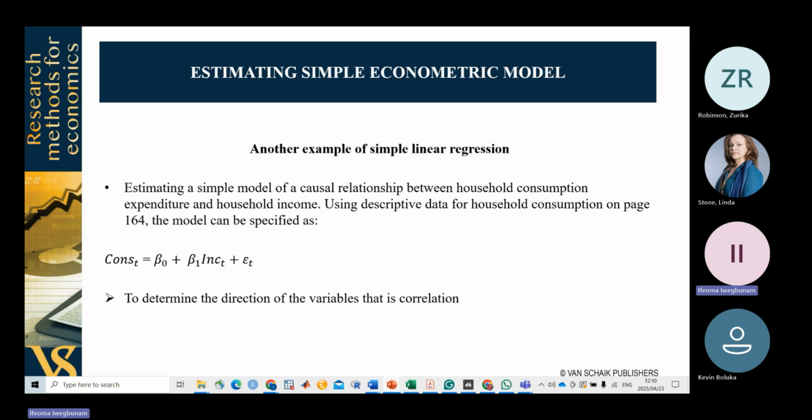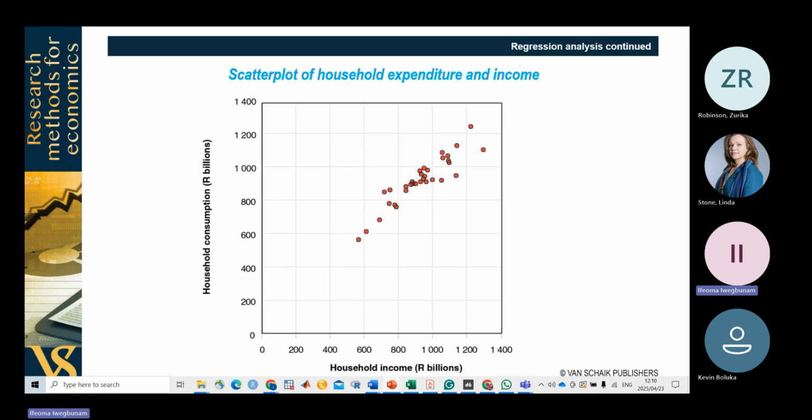Depending on the regression result, we'll be able to determine by how much income has risen and by how much it has also affected the household consumption expenditure. So in specifying our model, this is very crucial in order for us to achieve the best result while conducting time series regression.